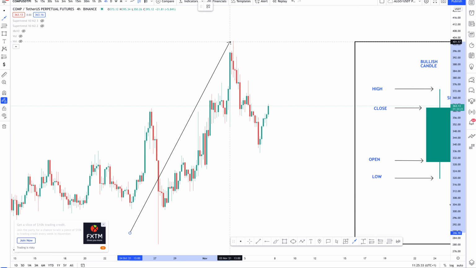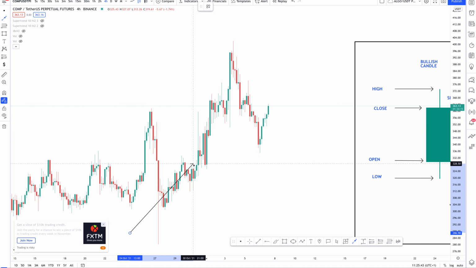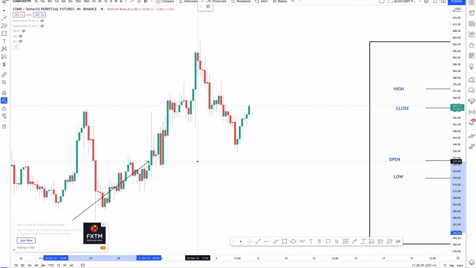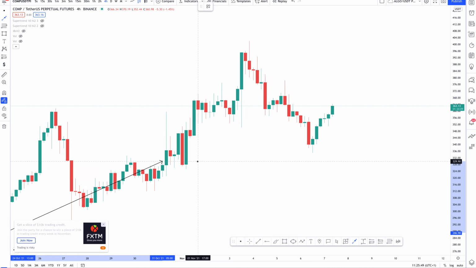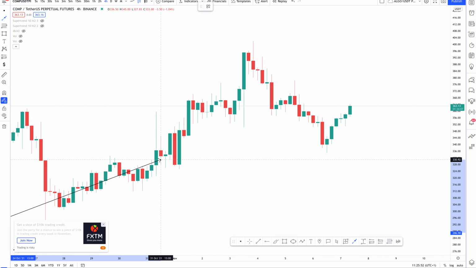Now, you can observe that this particular candle got to this point and came down this way. Let me expand this so that the visuals will be good.